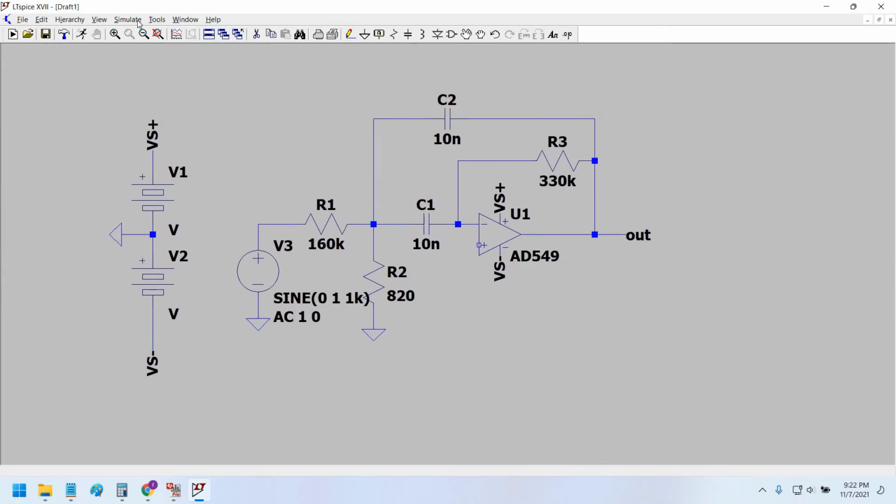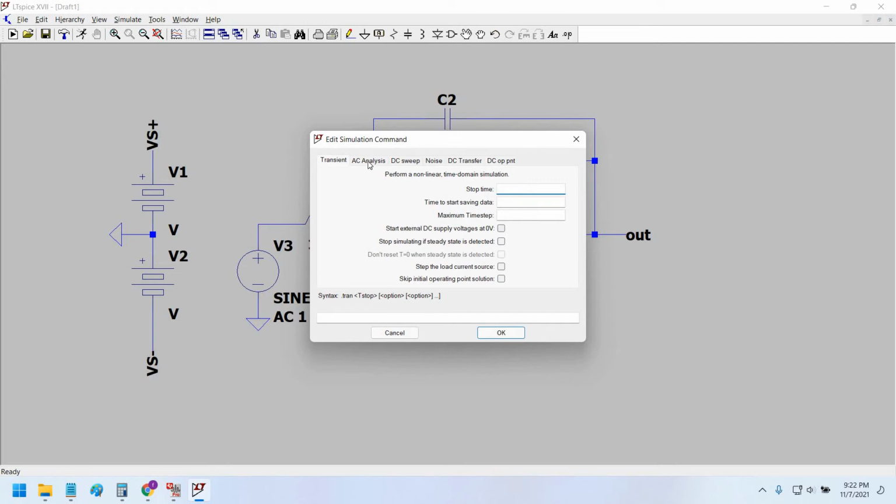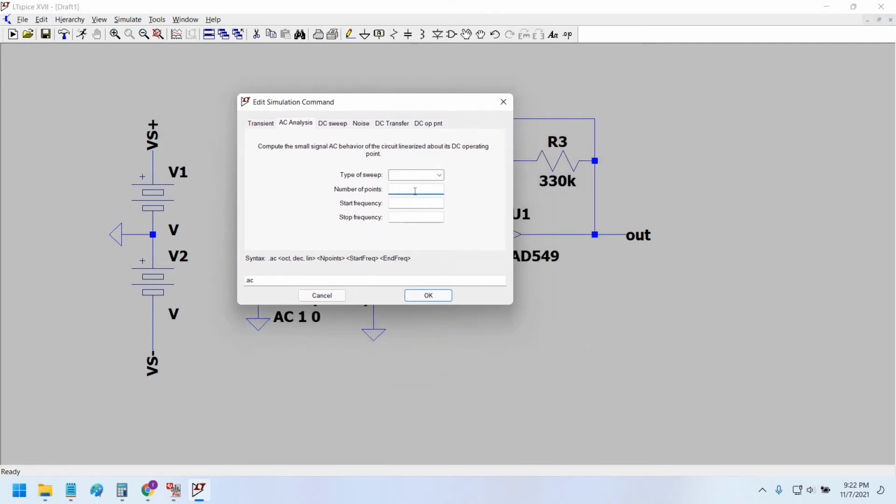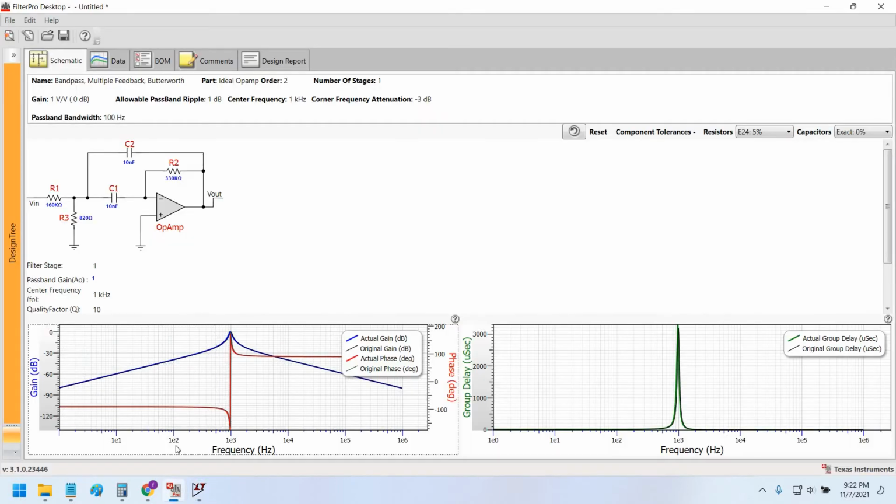Okay, now simulate, add command, AC sweep. Now we would like to perform the AC sweep in linear. Start frequency we would like to have similar to this. Okay, so this appears to be a log plot, semi-log plot.